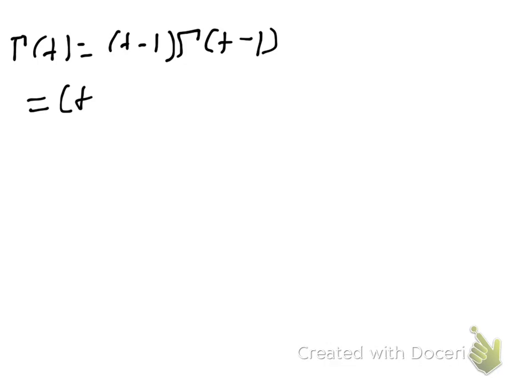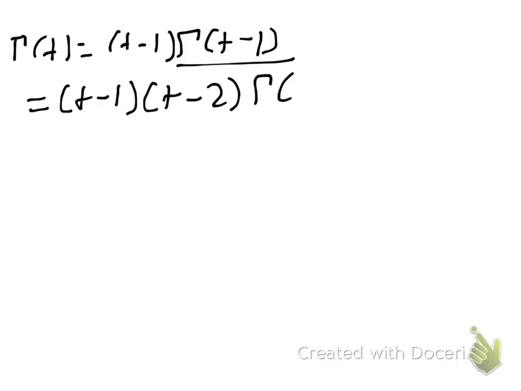If we have gamma of t gives us (t-1) times gamma of t-1, then gamma of t-1 has to be (t-2) times gamma of t-2.